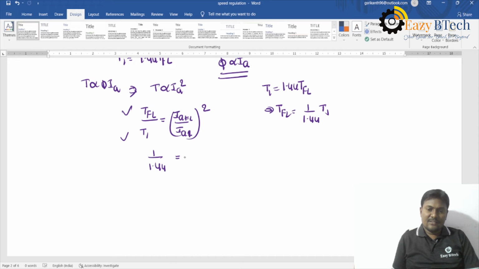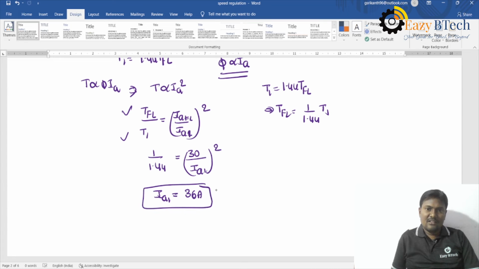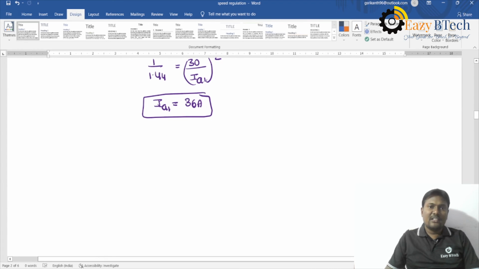The IA at full load is 30 amperes, divided by IA1, whole square. From this equation, I got IA1 as 36 amperes. So this is 36 amperes. Now calculate the back EMF at full load.